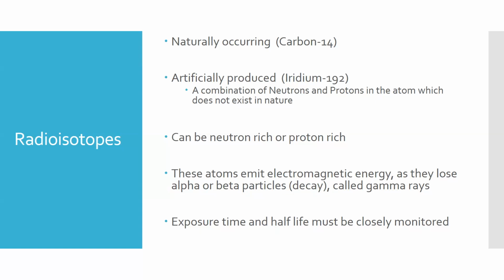That exposure is going to be based on time and half-life, half-life being how much radiation the object is giving off in a given period of time. And so we can adjust either one of those things when we're looking at the exposure.